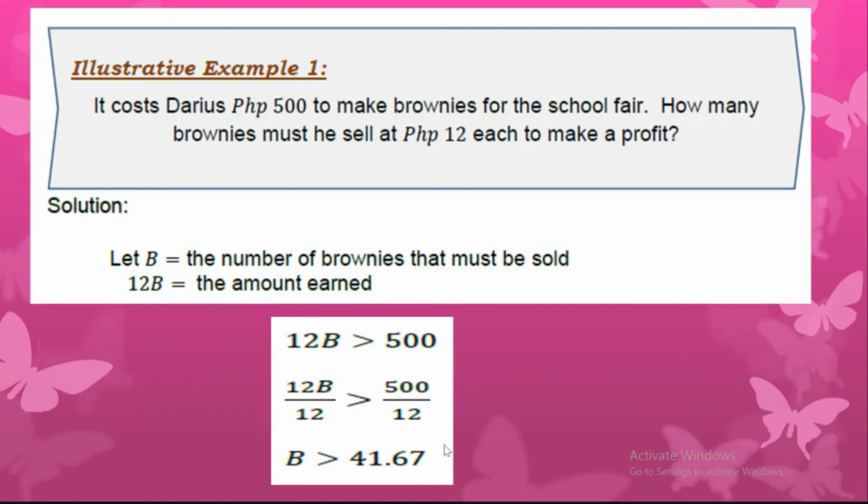So B is greater than 41.67. But since we cannot sell a fraction of a brownie, we have to consider 41 brownies. So to earn a profit, Darius must sell more than 41 brownies.